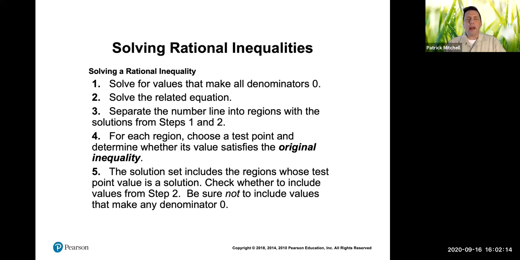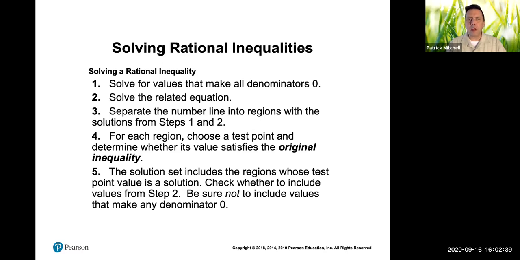All right, and then there is one little thing that's different in the last step. The solution set includes the regions whose test point value is a solution. Check whether to include values from step 2. Now, what I mean by that is if your inequality symbol is less than or greater than, the values from step 2 are not included.